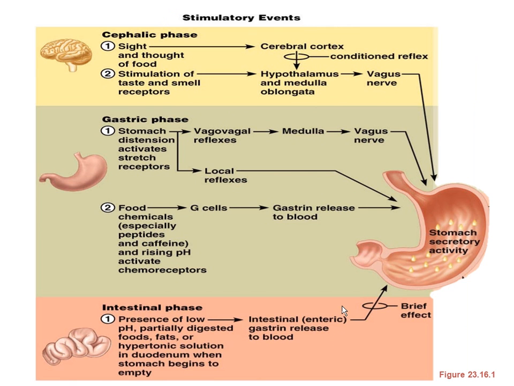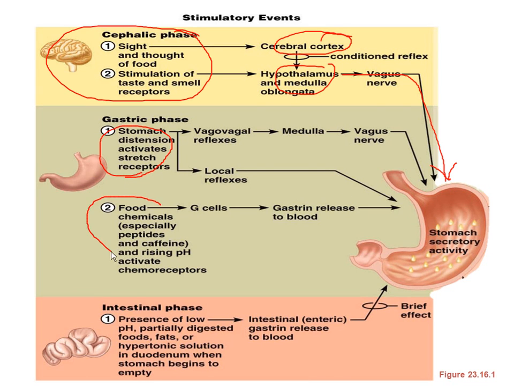So this is a different picture of the same concept. Remember, the cephalic phase stimulates the cerebral cortex and hypothalamus, and via reflexes we begin secretions and motility in the stomach. Then you swallow. Food enters the stomach, so you stretch it, or simply there are chemicals present in the stomach now. The food, the actual chemical stimuli, results in gastrin, which increases stomach secretion and activity.